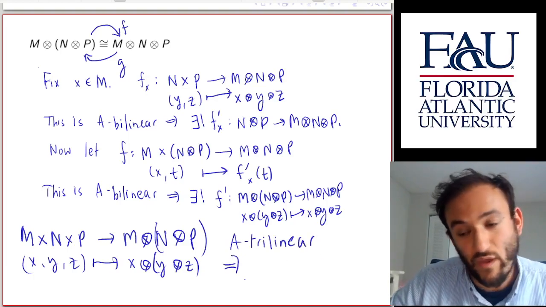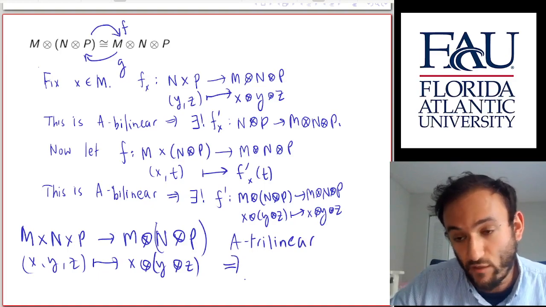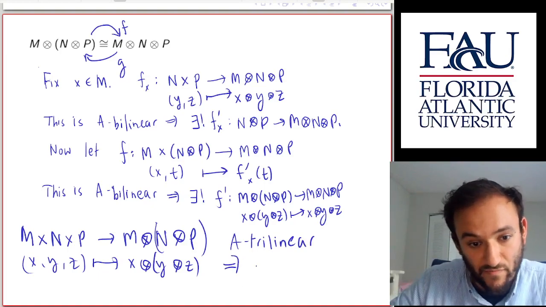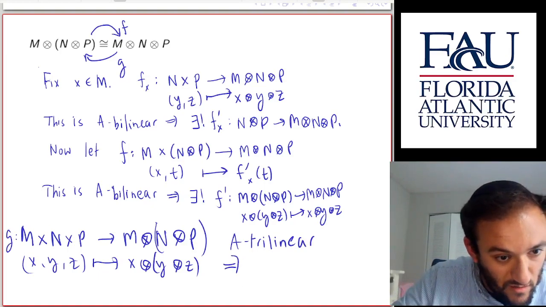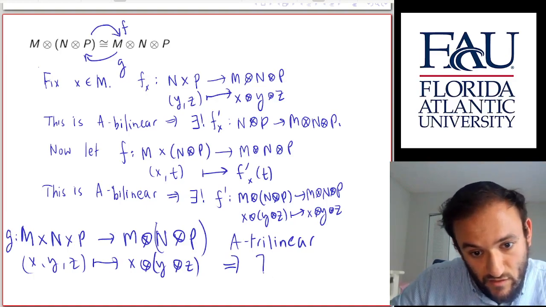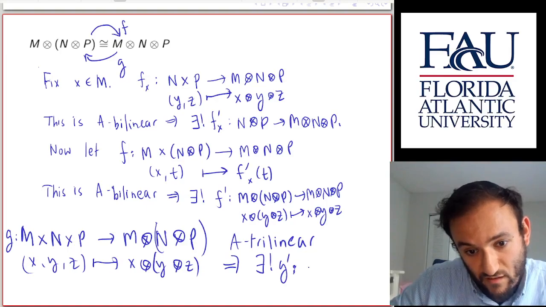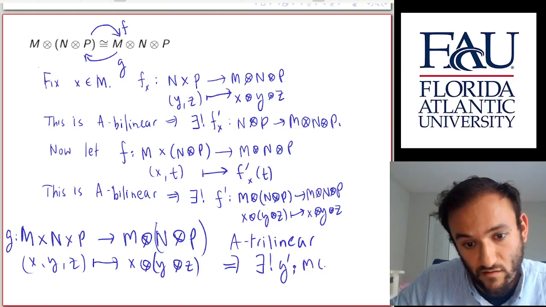So that implies we have a unique homomorphism. Let's call this G. So there's a unique G prime from the three-way tensor product.